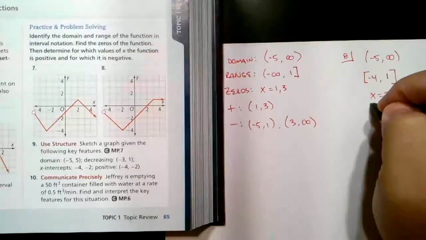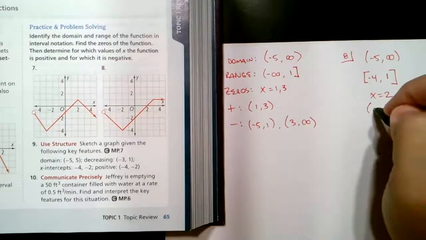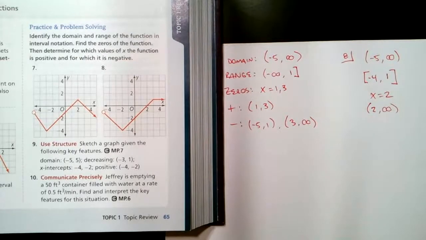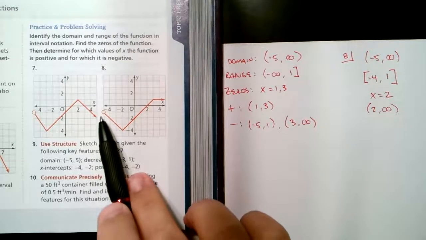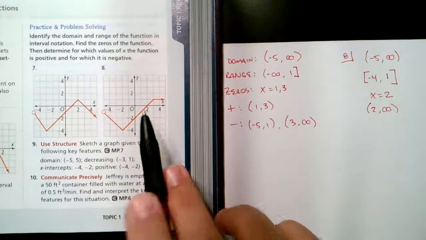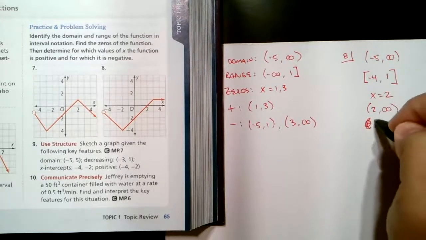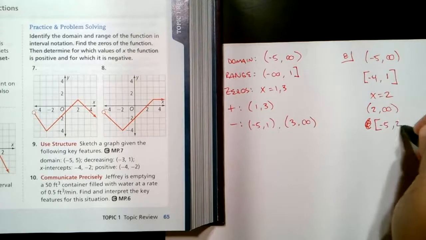It stays above the x-axis. So the positive version is going to be from 2 to infinity. And then the negative version looks like it's running from negative 5 to 2.